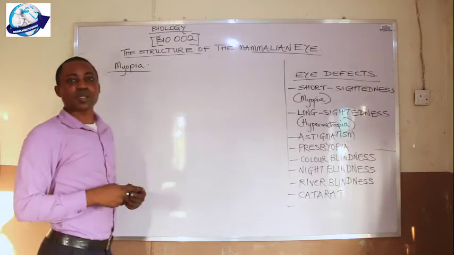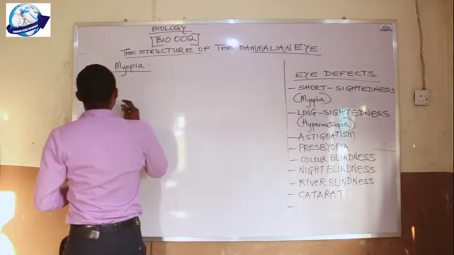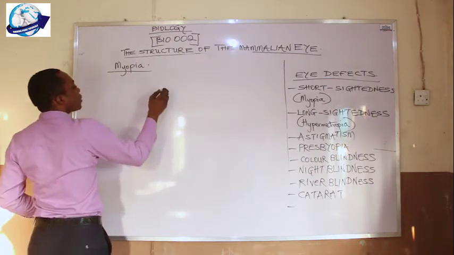Now, to understand short-sightedness or myopia, let's also look at the diagram on the board to illustrate it in a better way.